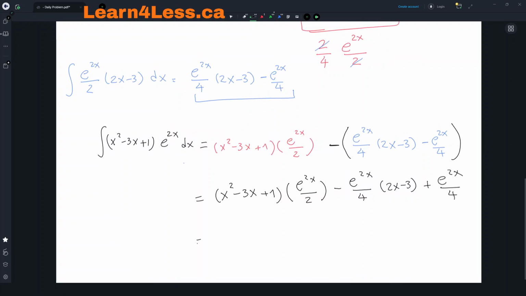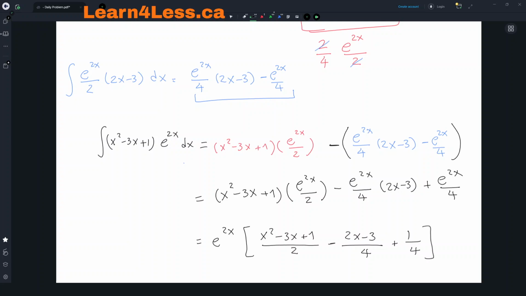I can take out e to the power of 2x. So what I'm left with here is x squared minus 3x plus 1 over 2, because of these two, minus, if I take out e to the power of 2x out here, I would get 2x minus 3 over 4. And if I take it out from here, I'm left with 1 over 4.